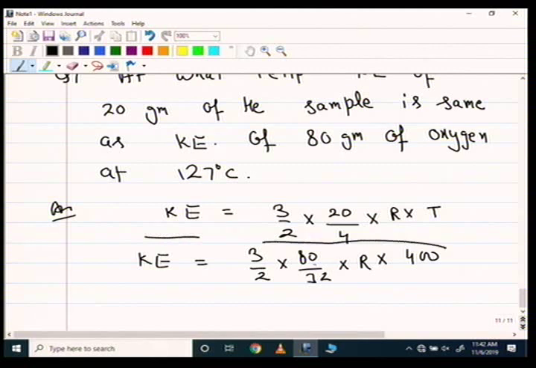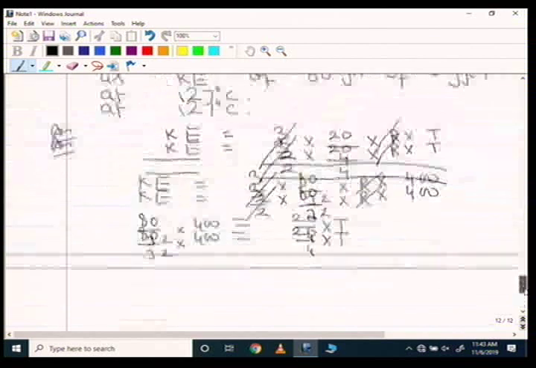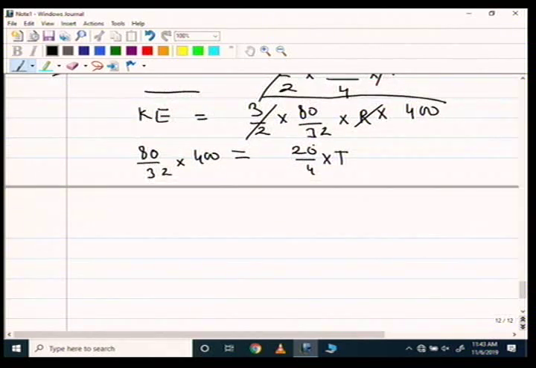I'll just divide this. So this one will get cancelled out, this one will get cancelled out, and we will have 80 by 32 into 400 is equal to 20 by 4 into T. Just solve this and you will get your answer. So T equals 4 into 400 into 4 upon 32.